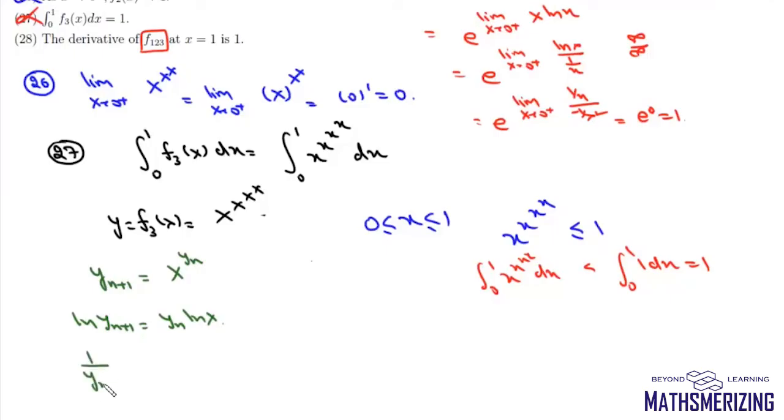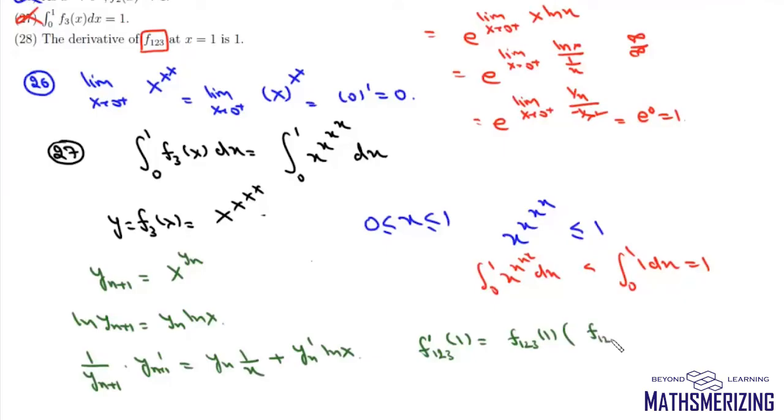Now it will be 1 upon yn plus 1 into yn plus 1 dash, it will be yn into 1 by x plus y dash n into log x. So basically the derivative of f123 at 1 will be f123 at 1 into f122 at 1 into 1 plus f dash 122 at 1, and log 1 is 0.